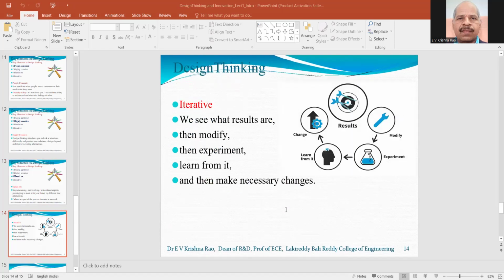the next process, the iterative process: what are the results that you are expecting? Iteratively, you observe, understand, and if necessary, you modify the results, modify the design, modify the principle.